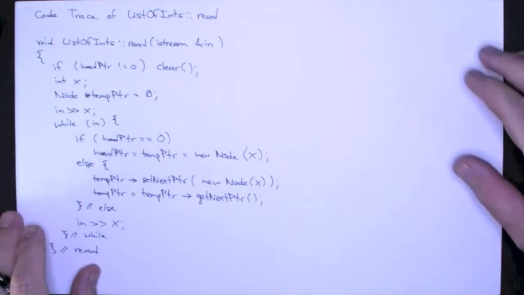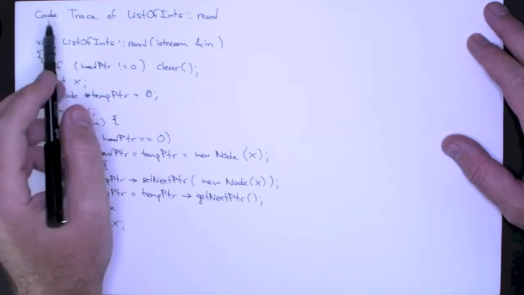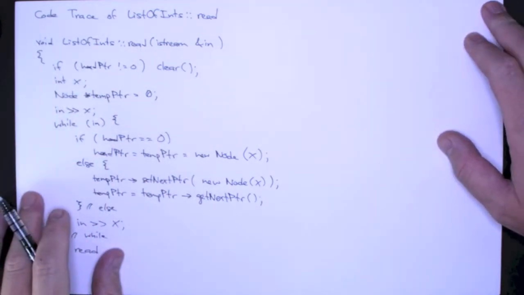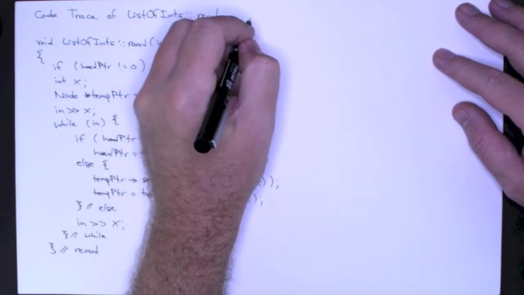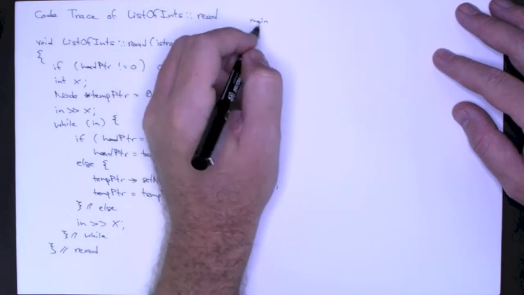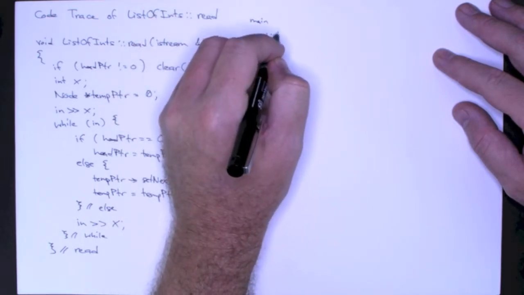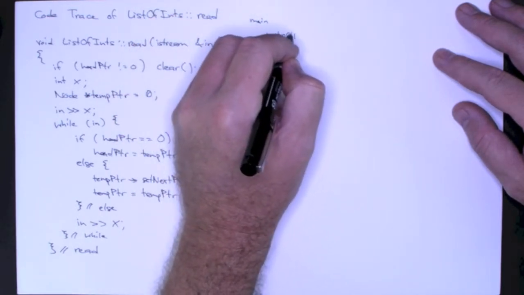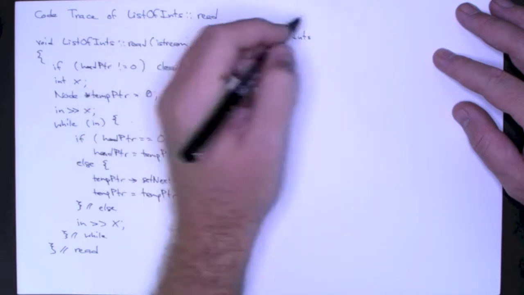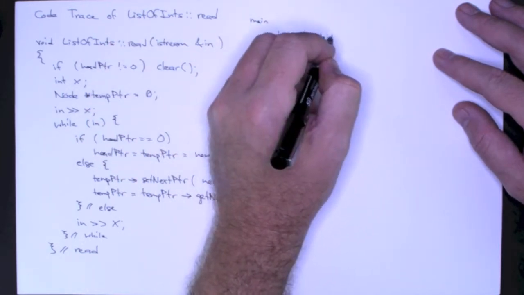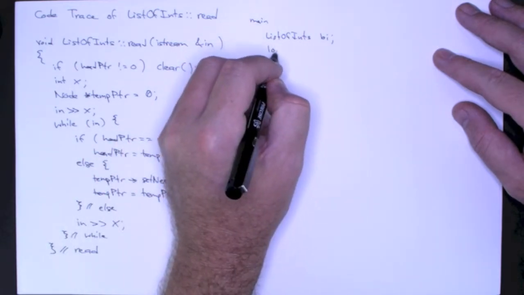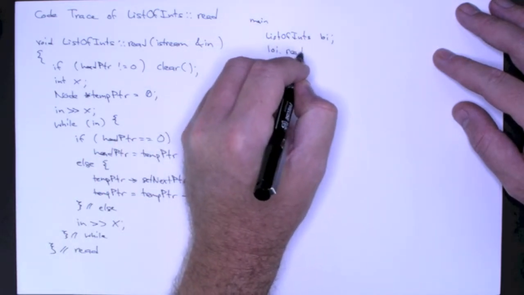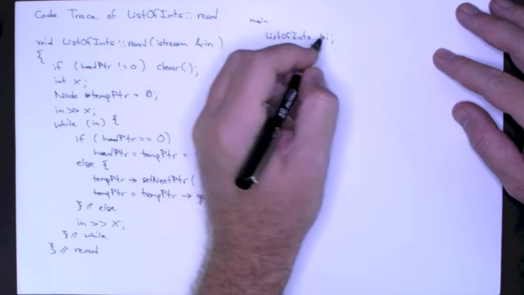Okay, so let's take a look at a code trace of this read method we have. Somewhere in main, for example, you're going to create a list of ints and call that object LOI, and then you're going to call LOI.read and pass in some file name.